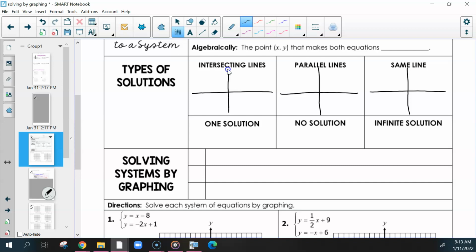For intersecting lines, you're going to have 2 different lines that intersect each other at some point. And that point would be your solution, x, y.